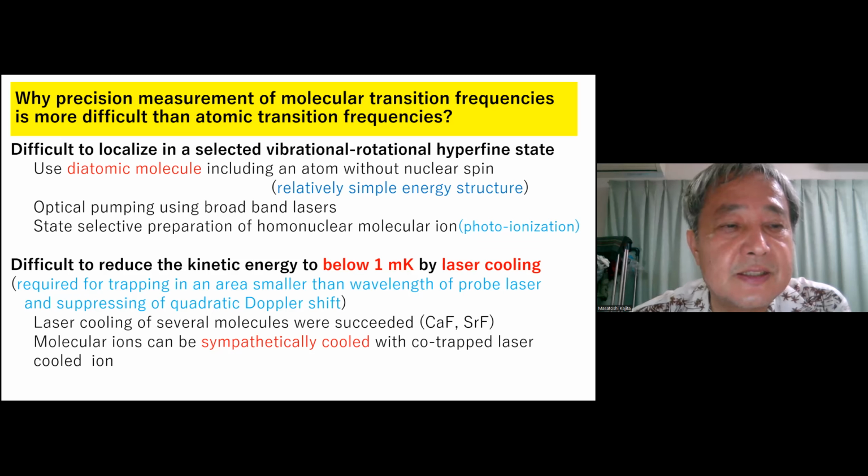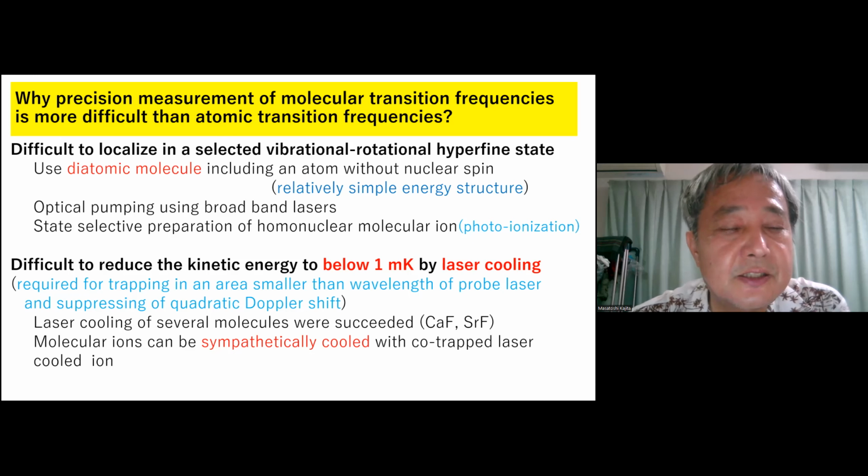Another difficulty is that it is difficult to reduce kinetic energy to below 1 millikelvin by laser cooling. It is required for precision measurement because the trap area must be smaller than the wavelength of the probe laser. It is easy for microwaves, but for optical measurement, it is required.